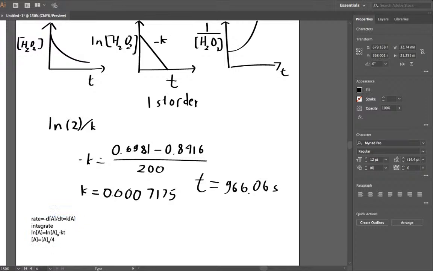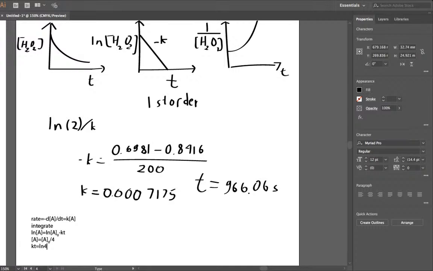So if we do such things, I will just move kt to the other side, it must be equal to ln A naught minus ln A, so that would be ln of A naught divided by A, that would be ln of 4.